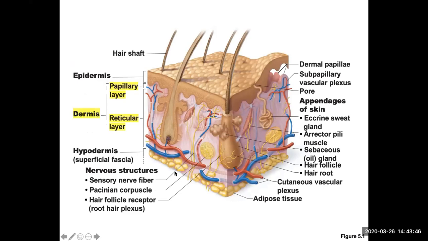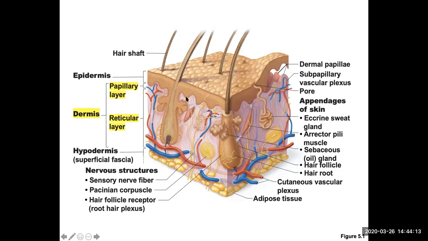So again, don't panic. We're just going to focus over here on the dermis, which is, again, this big, thick layer of connective tissue with all of these fun appendages associated with it. And here are the 2 layers of the dermis. The papillary layer is the layer where you've got these bumps here.